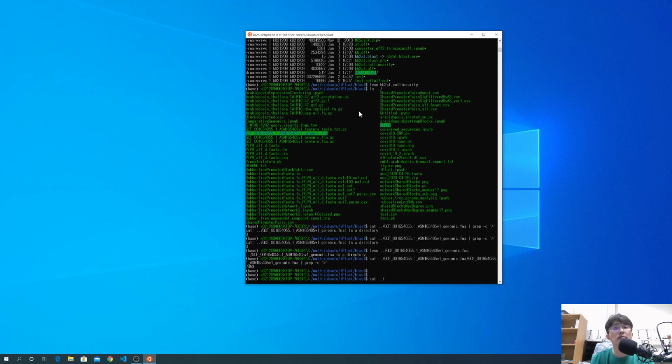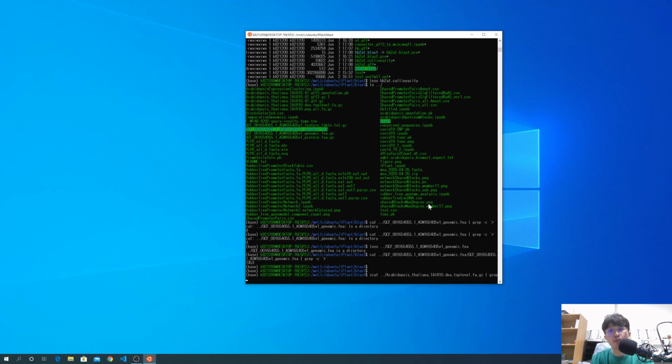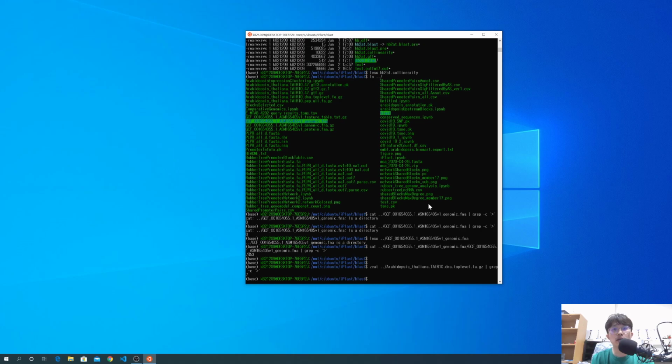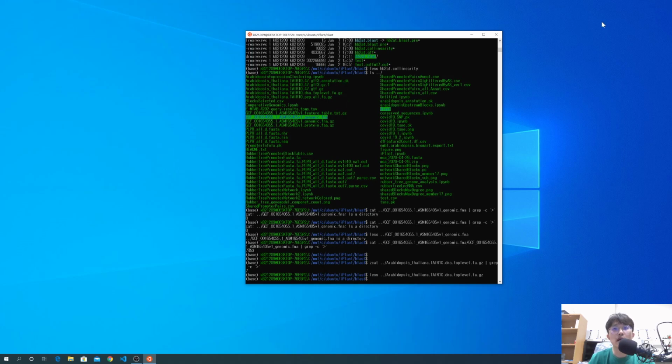So Arabidopsis only has 7. Compared to this, it has 7,000 scaffolds. So many parts of the genome are fragmented.